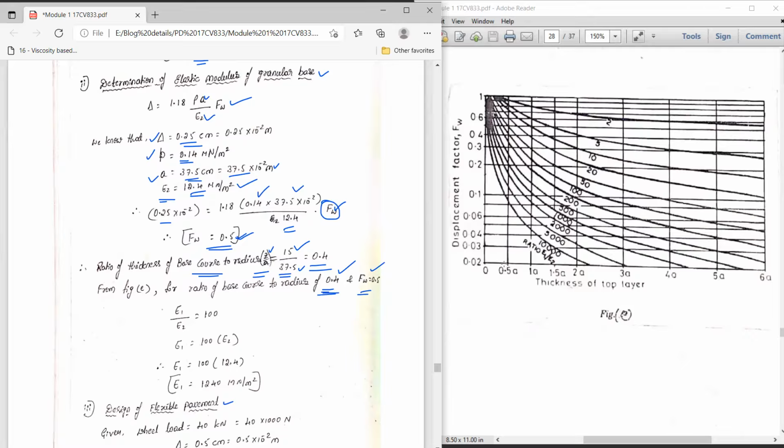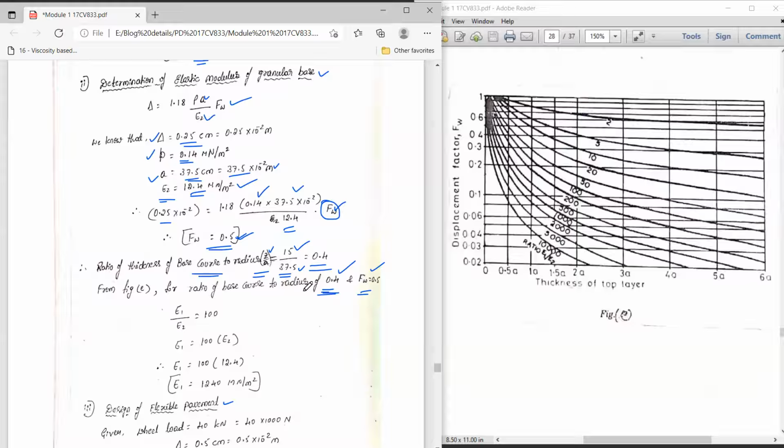So what you need to do, you just project one line up to the point 0.5. Here it may intersect. Correct? So here it is 0.5 and here it is 0.4 and it may intersect somewhere near, and that will be intersected exactly on the curve E1 by E2 as 100. This curve indicates the ratio E1 by E2. These curves indicate E1 by E2 ratio.